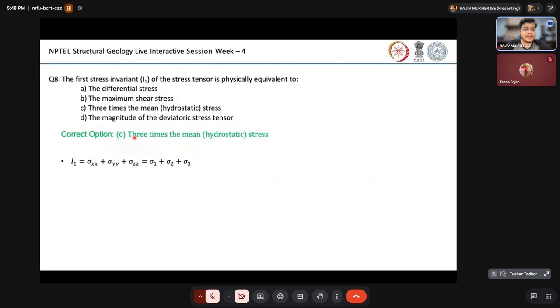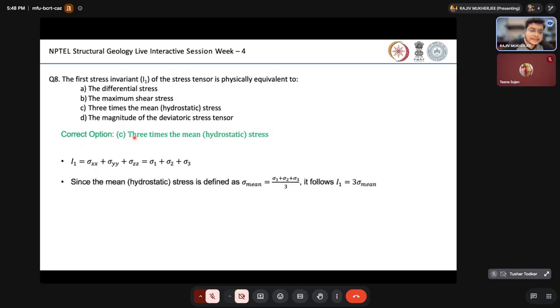Similarly, the intermediate length axis, which is the y axis, we coincide with the intermediate length axis of the stress ellipsoid, so that is why it is sigma 2. And similarly, we consider the z axis as the smallest, and that's why it is sigma 3. So I1 is essentially the summation of sigma 1, sigma 2, and sigma 3.